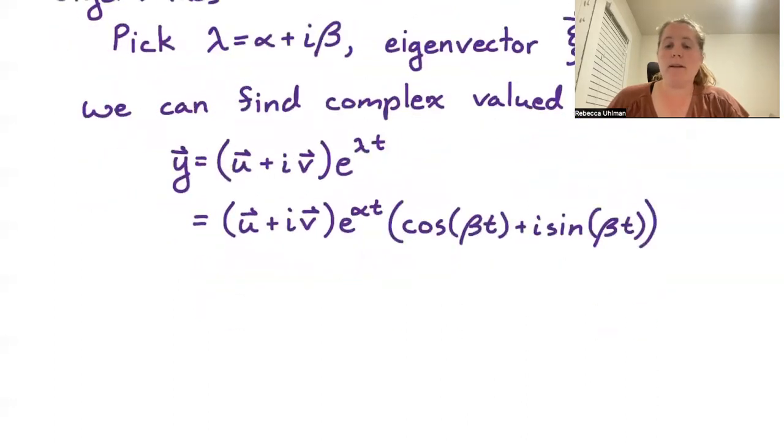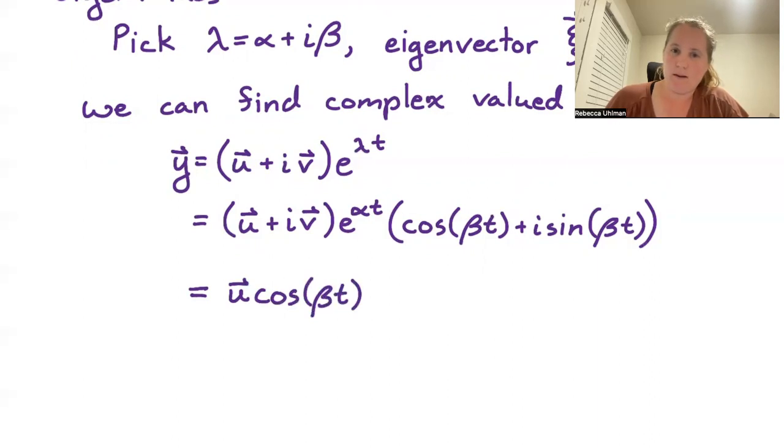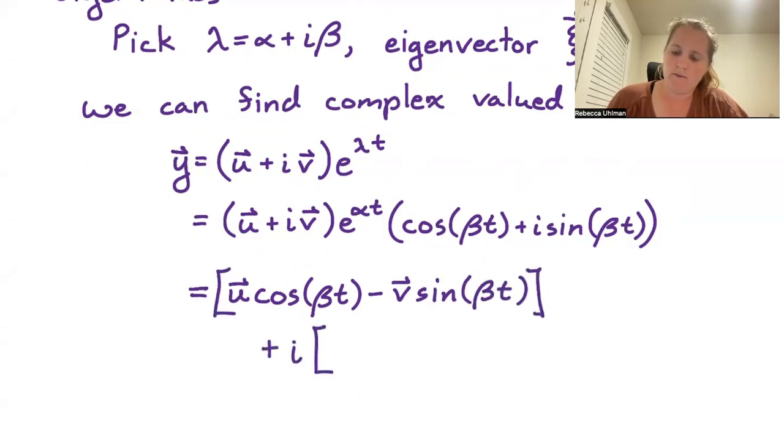If we rewrite this in real and imaginary parts, this is u times cosine of beta t, and then i squared is -1, so we would have minus v times sine of beta t for our real component, plus i times for our imaginary component.